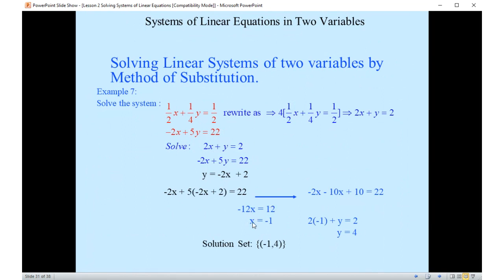If you solve for x, you get x equals 1. Then you plug a -1 back into one of the equations to get y. Then you should check them both in the second equation. So we have our solution set, -1, 4. So that's how you deal with one that has fractional coefficients.